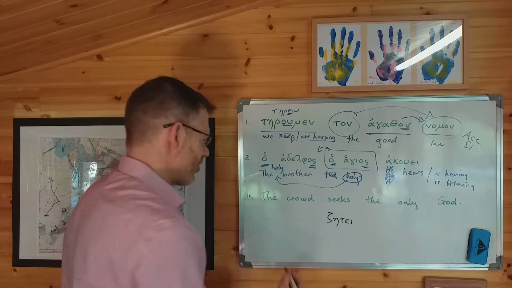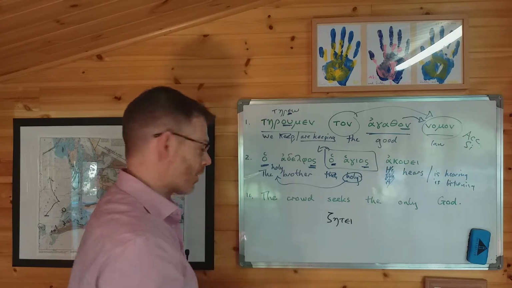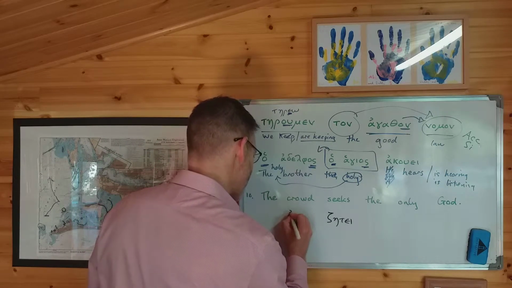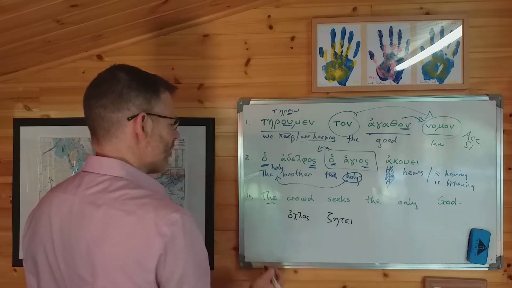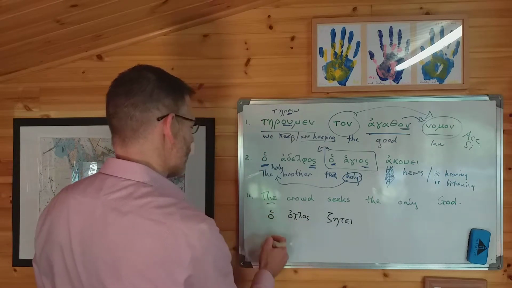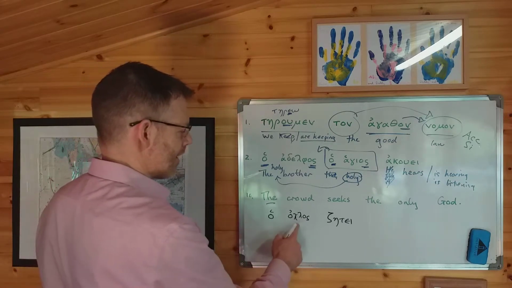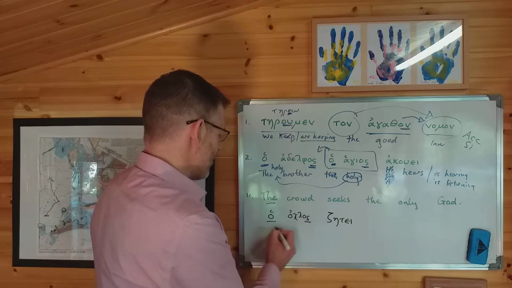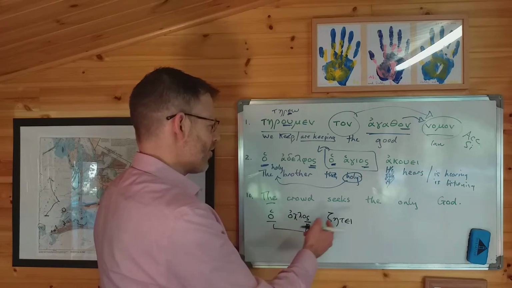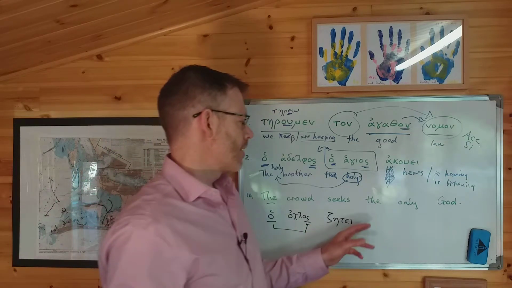And so we want crowd is, you know what crowd is? Of course you do. Ochlos. And we want the crowd, and therefore we want ho, ochlos, nominative, masculine, singular, and these have to match. That's why they're both nominative, singular. The crowd seeks the only God.